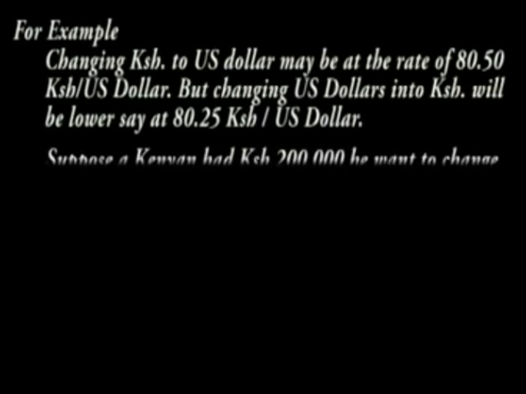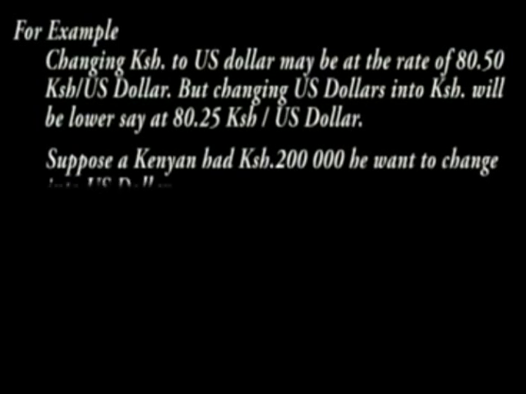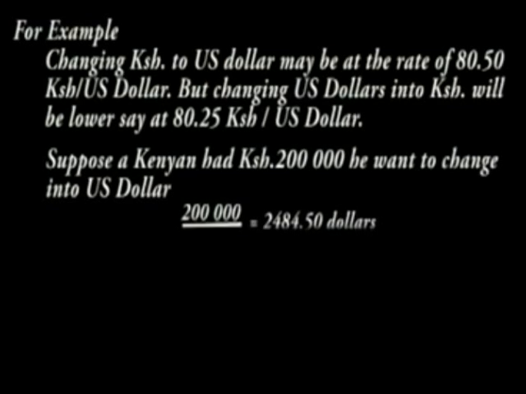Now suppose a Kenyan had 200,000 Kenya shillings he wants to change into US dollars. He will get 200,000 over 80.5, so he gets approximately 2,484.50 US dollars.